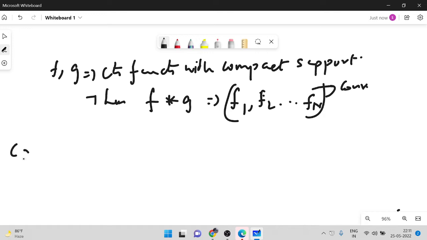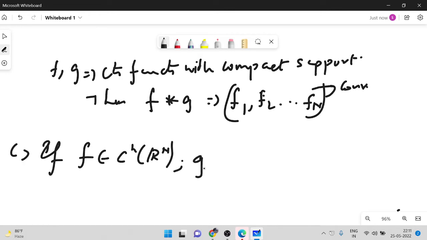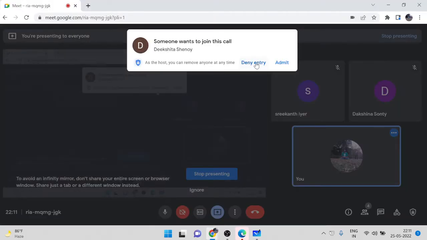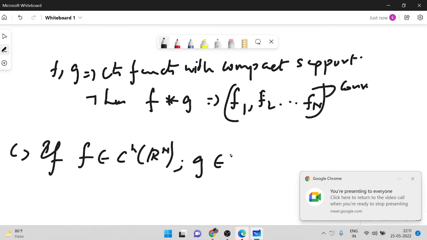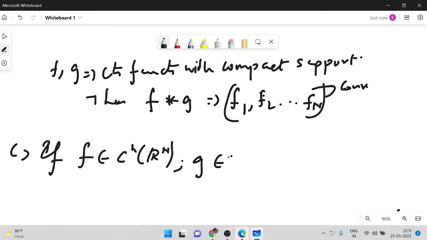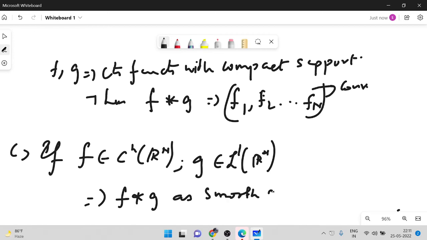And further, if f belongs to Cn of Rn and g belongs to L1 of Rn, this implies f star g is as smooth as f.